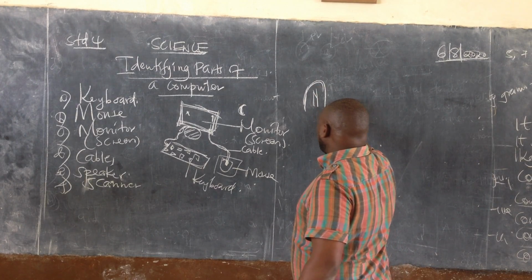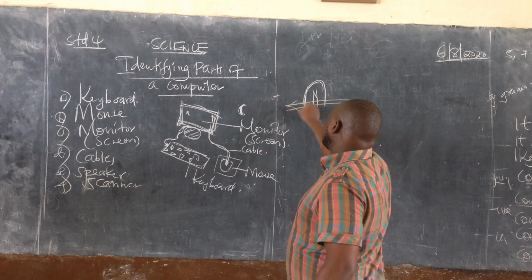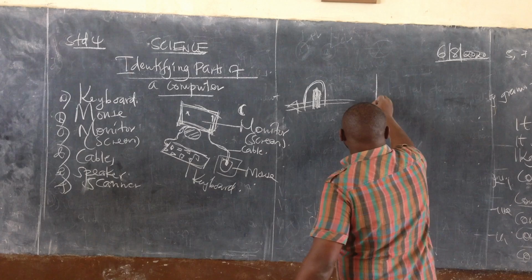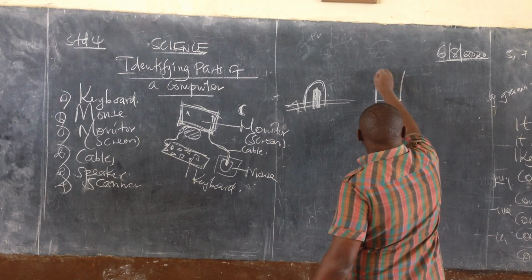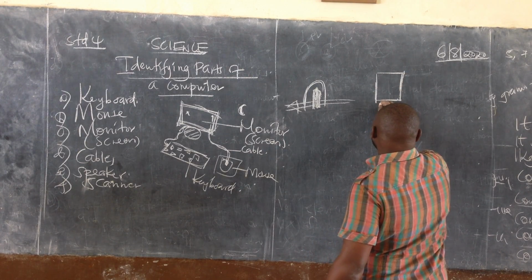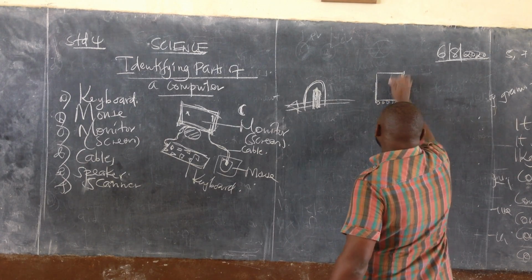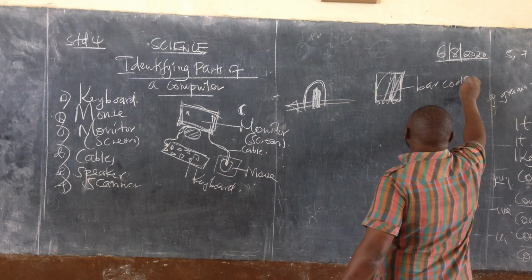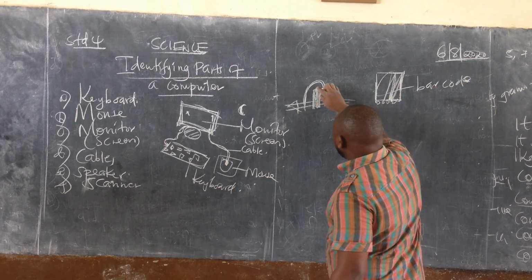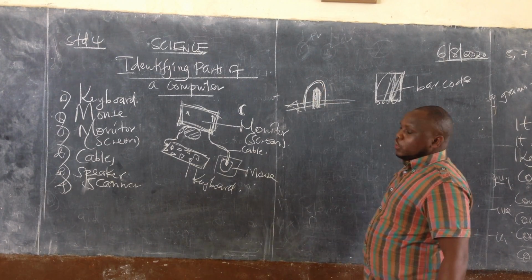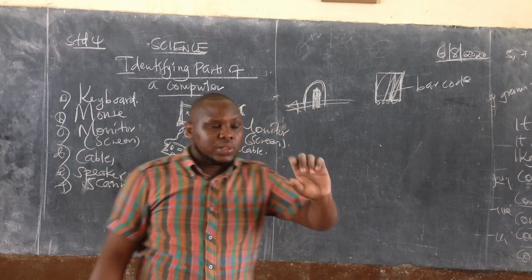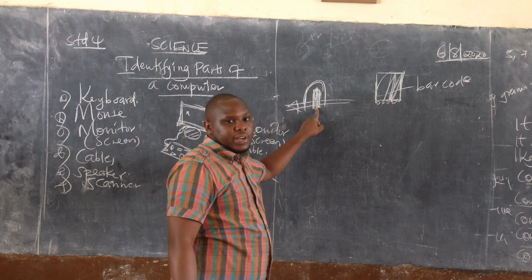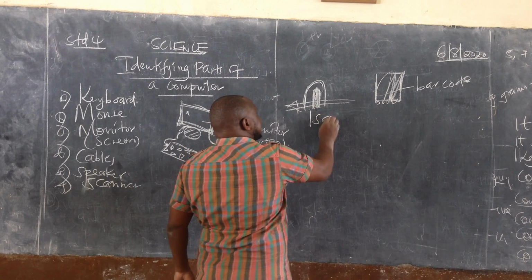The item you are carrying has numbers on it. This is what we call a barcode. Once you place this barcode along this light, you hear some sound. Tick. That sound means that this barcode has been read by this barcode reader. So this is an example of a scanner.